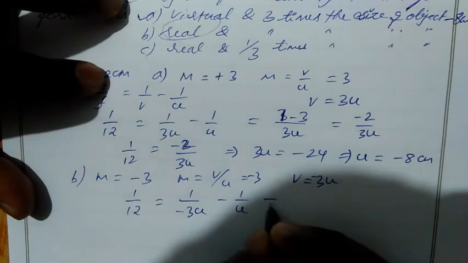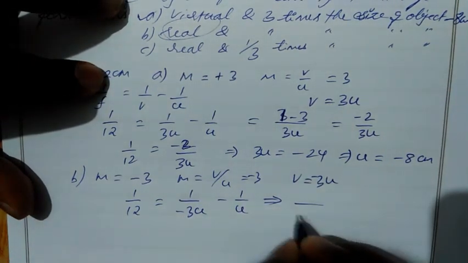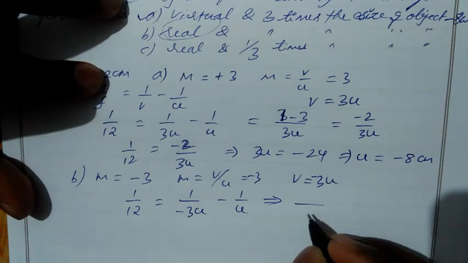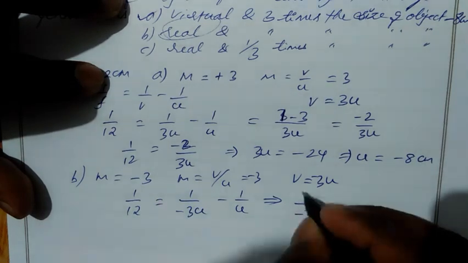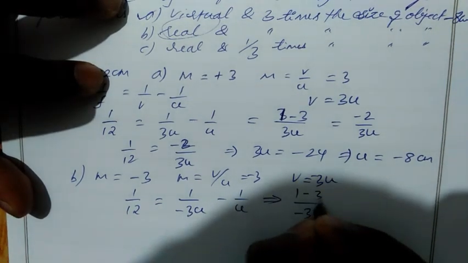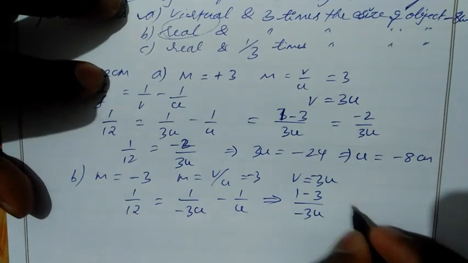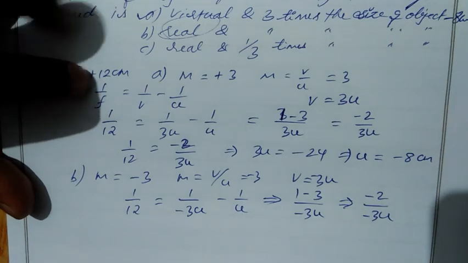We can take minus 3u as common. Then we have to multiply here with 1, and here with 3. So 1 minus 3. Then we have minus 2 by minus 3u.